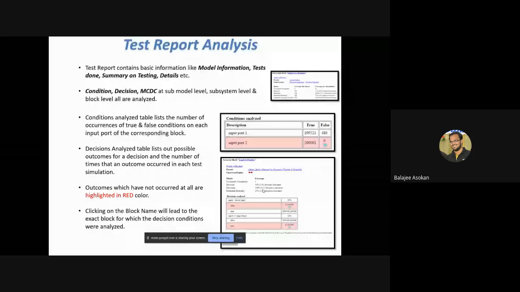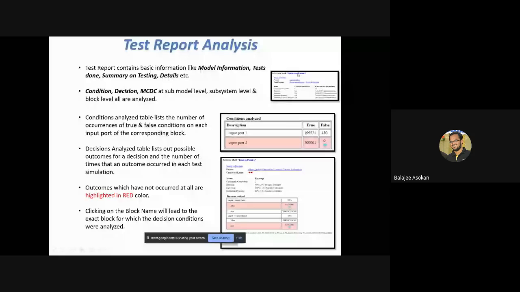Whatever is not covered or not tested will be highlighted in red. In this example, whatever I have shown here is for condition coverage testing. It analyzes different conditions. There are two input ports, input port 1 and input port 2, for a specific subsystem. At the top, in the first picture, this is the corresponding subsystem.